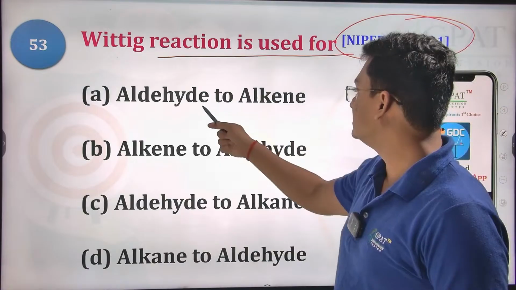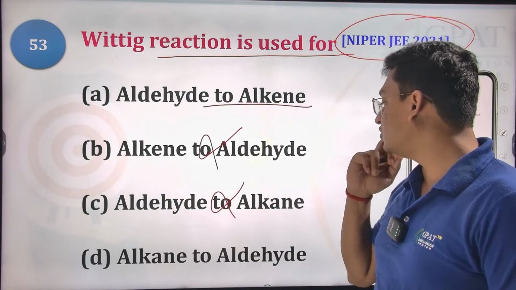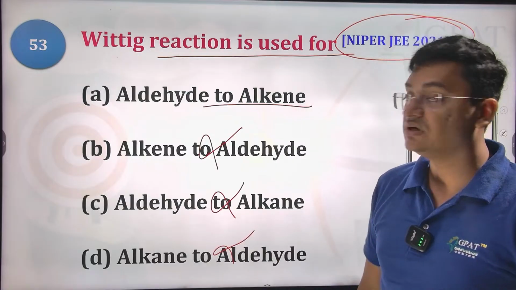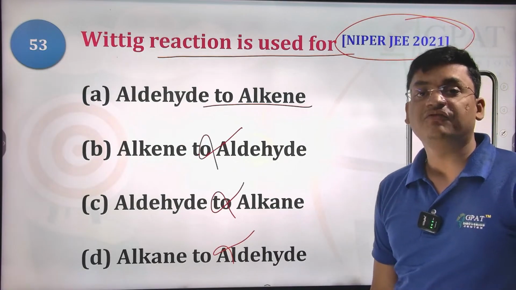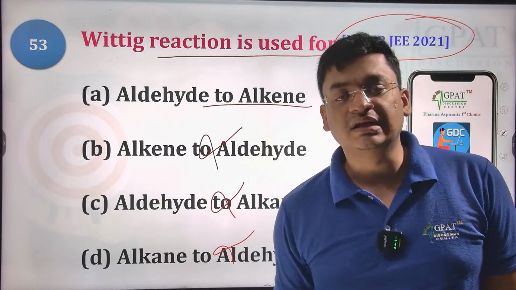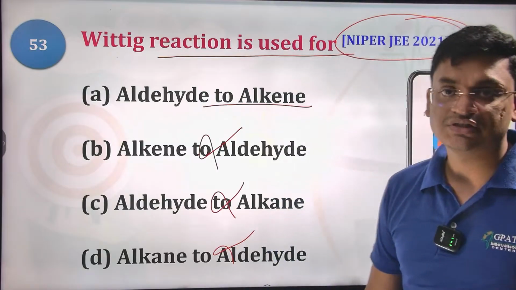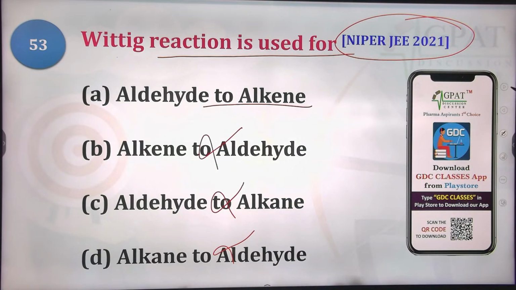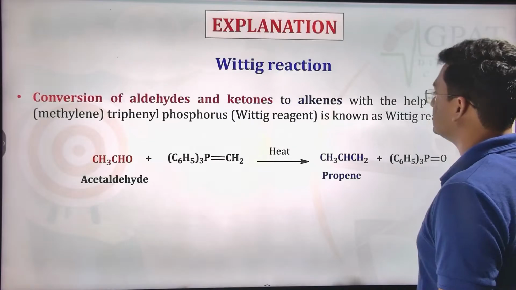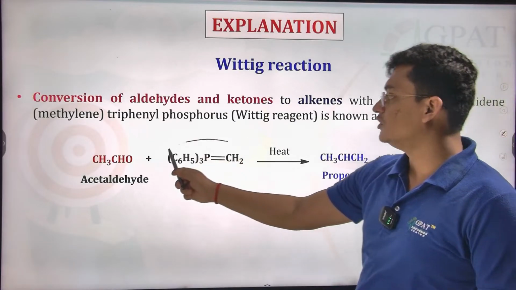Aldehyde to alkene, yes, correct. Alkene to aldehyde, no. Aldehyde to alkane, not at all possible. It's the reaction of triphenylphosphorus ylide with an aldehyde, that is conversion into the alkene. So yes, A is the correct answer.